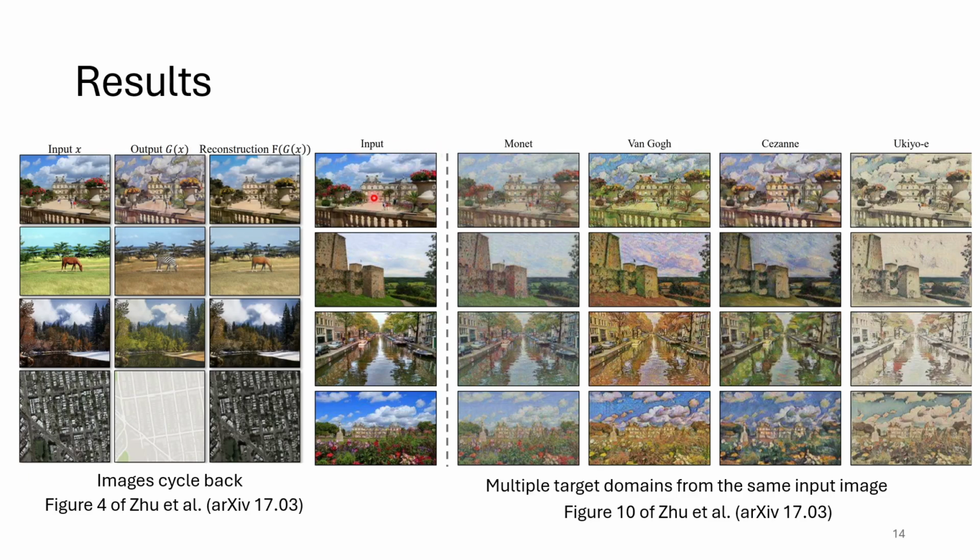This is the input photo, and this is Monet's style, Van Gogh's style, Cezanne's style, and ukiyo-e style. They train multiple generators, so they can translate a single image into multiple image domains.